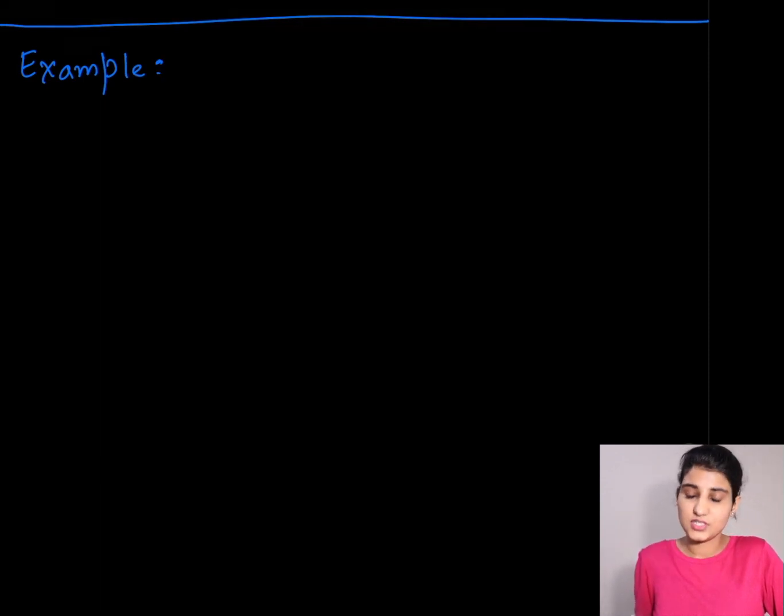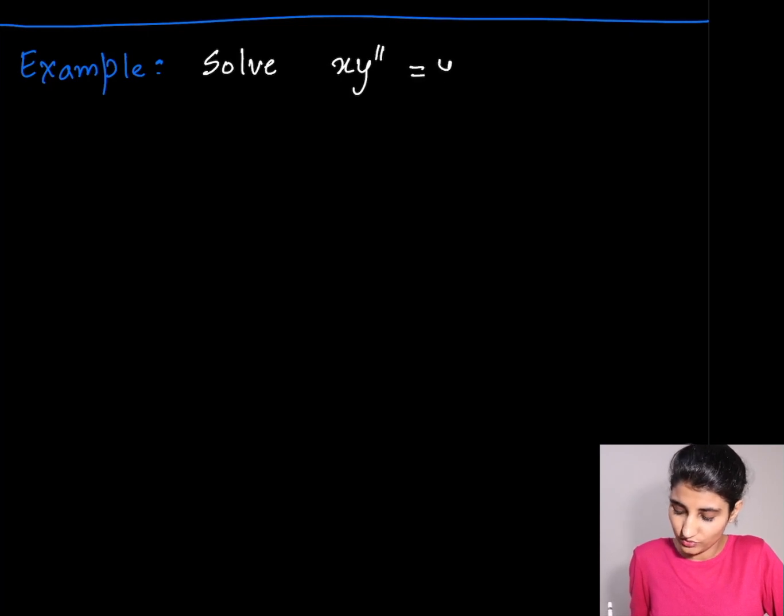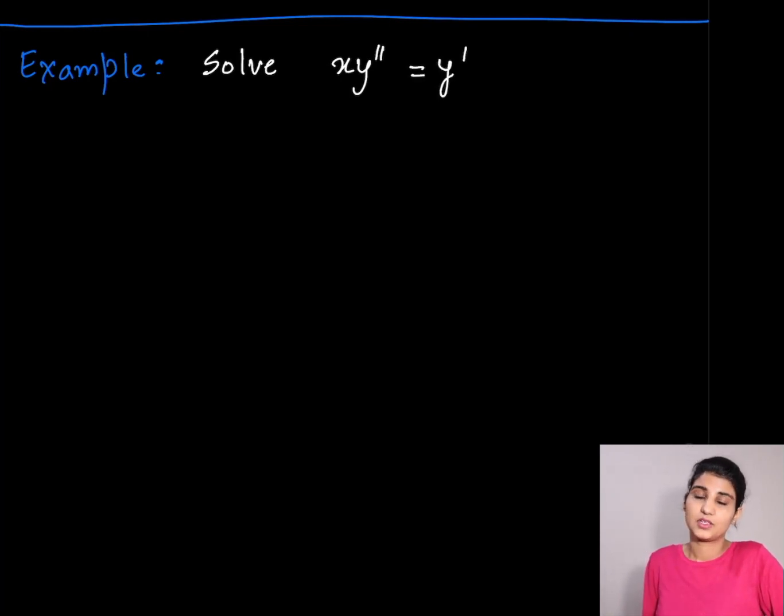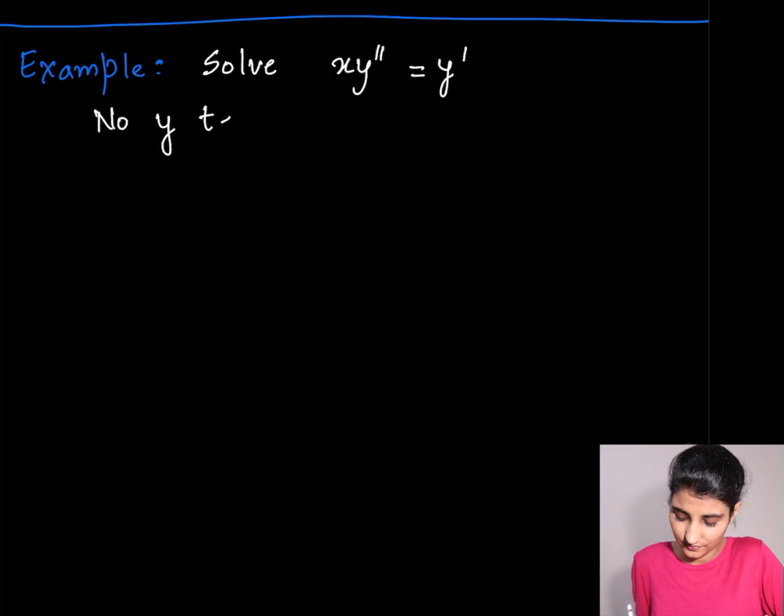So our first example is: solve the equation x y double prime equal to y prime. Okay. So first observation, this is a second order ODE and there is no y term. The y variable is missing here.